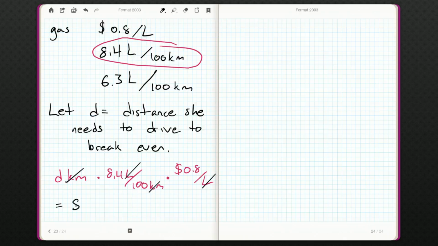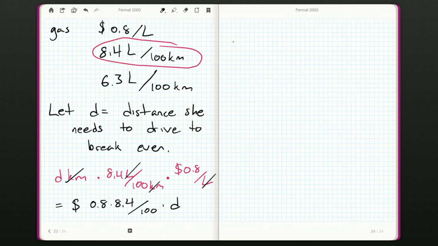So we'll have 0.8 times 8.4 divided by 100 times D. And I suppose we can clean that up a bit. If I had 8.4 divided by 100, I'd get 0.084 times 0.8.